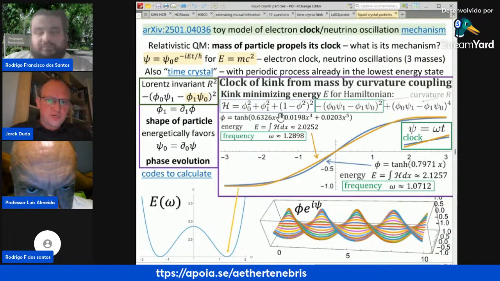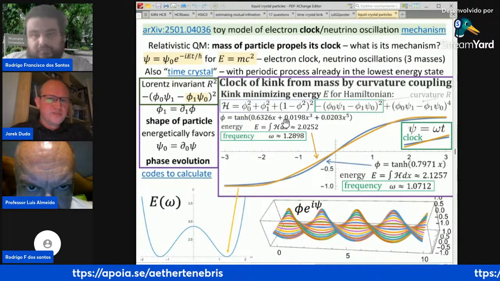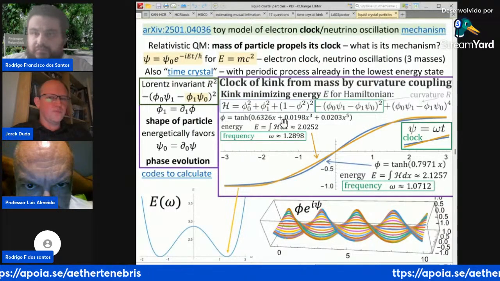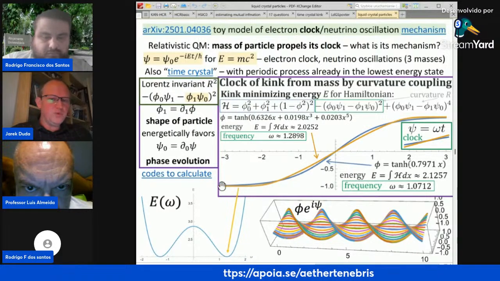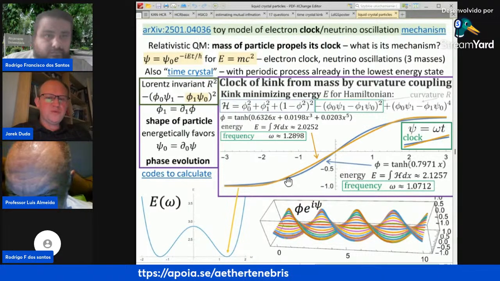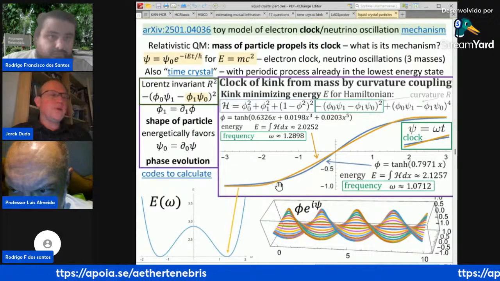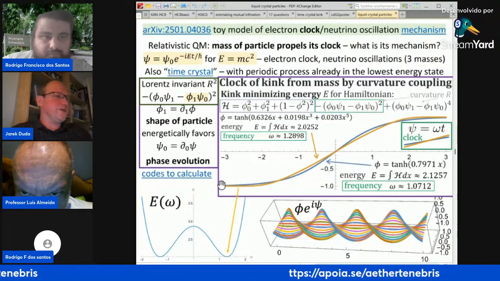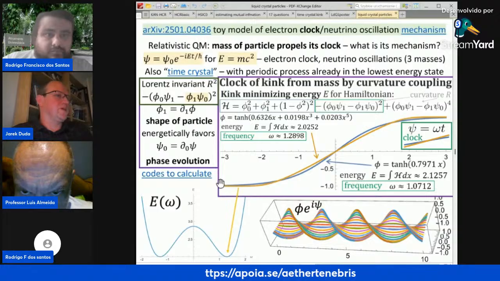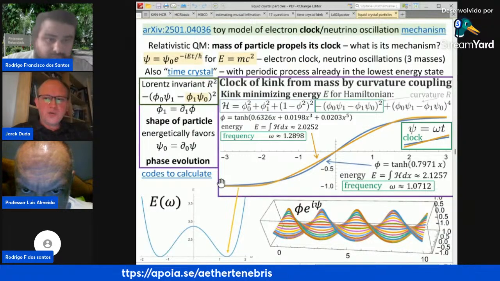So here is the toy model, how to get it. Here is the standard phi to the fourth model, like Klein-Gordon. So we get this particle going from one minimum to another minimum, and this shape hides the energy, the mass of the particle. And now we'd like to make this kink a time crystal, to make it oscillate already at rest. So how to do it?